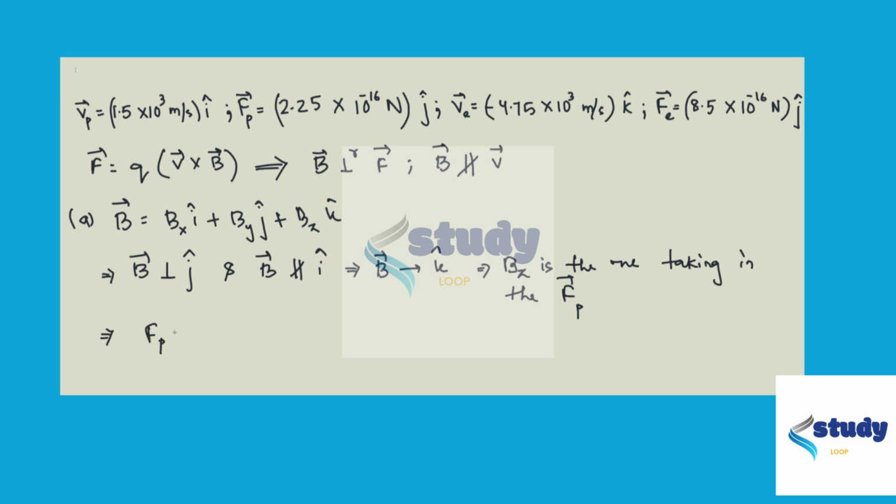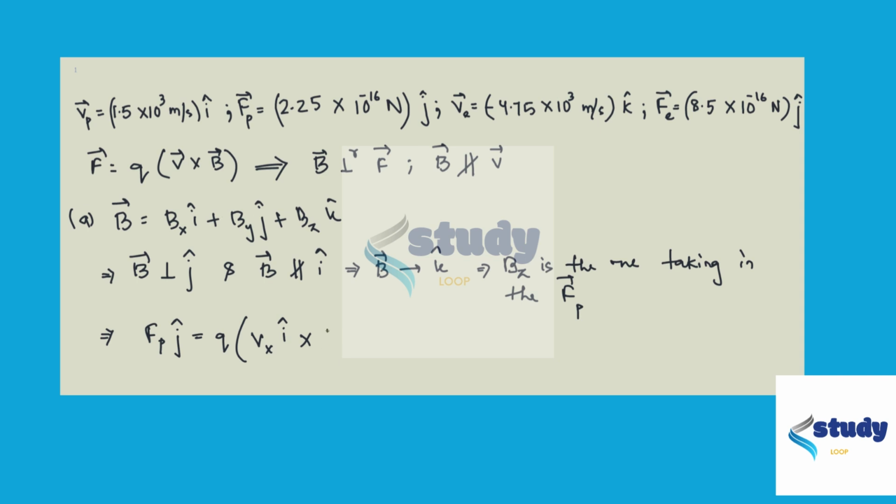Now let's apply that. Fp j cap, where Fp is just the magnitude of the force, is equal to q times v. This is Vp, which is Vx i cap, because there is no component along y and z direction.